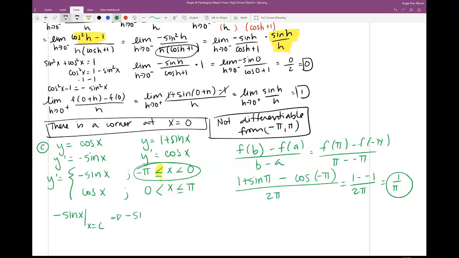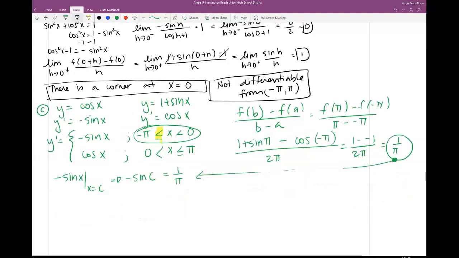Now it's really negative sine of c. Would you agree I need to set that equal to 1 over pi? Because remember, these two have to be equal. So I just need to solve for c. That means sine of c equals negative 1 over pi.